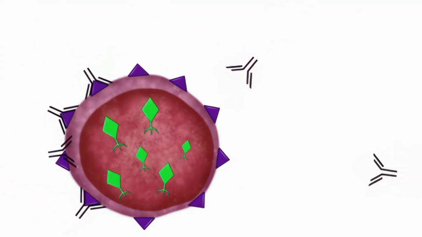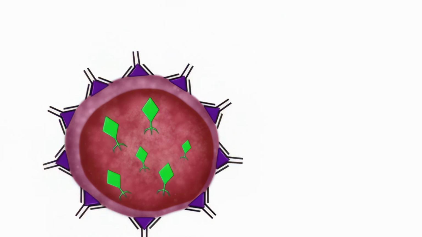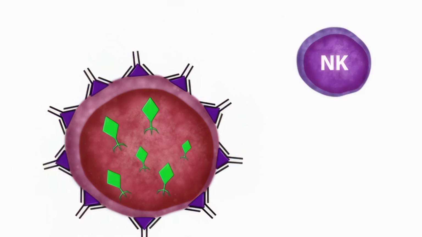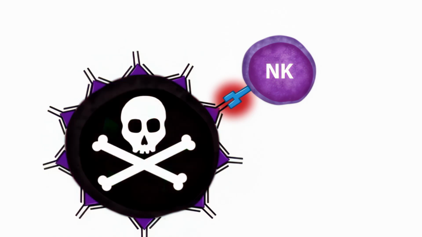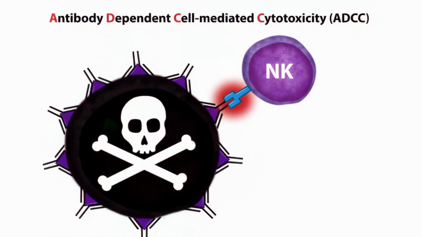So if an enemy cell gets coated with IgG antibodies, NK cells and other cells with this CD16 surface marker are able to recognize antibody-coated cells and then kill them. We call this process antibody-dependent cell-mediated cytotoxicity, or ADCC.